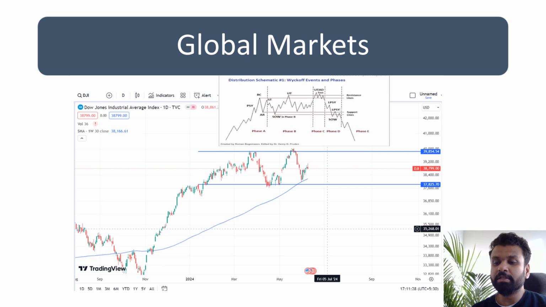Currently we are in, let's say, phase B. One more phase C is there, wherein the markets usually hit a newer high just to trap those investors who come in looking at how the market is rallying, and then we'll start the down move in phase D. As of now, it looks like when the Fed finally says that we are easing interest rates and pushing liquidity up, that would be the time this rally can happen and the Dow will hit new highs, and that would be the final rally in the Dow.